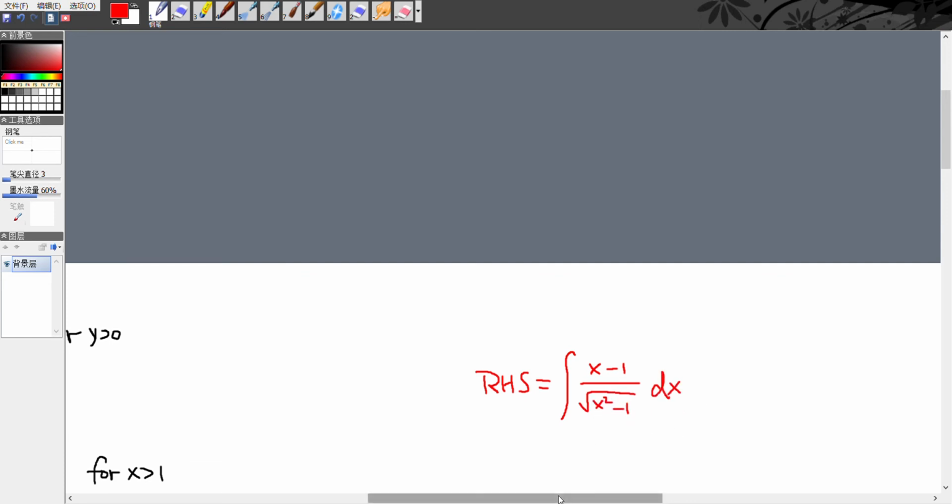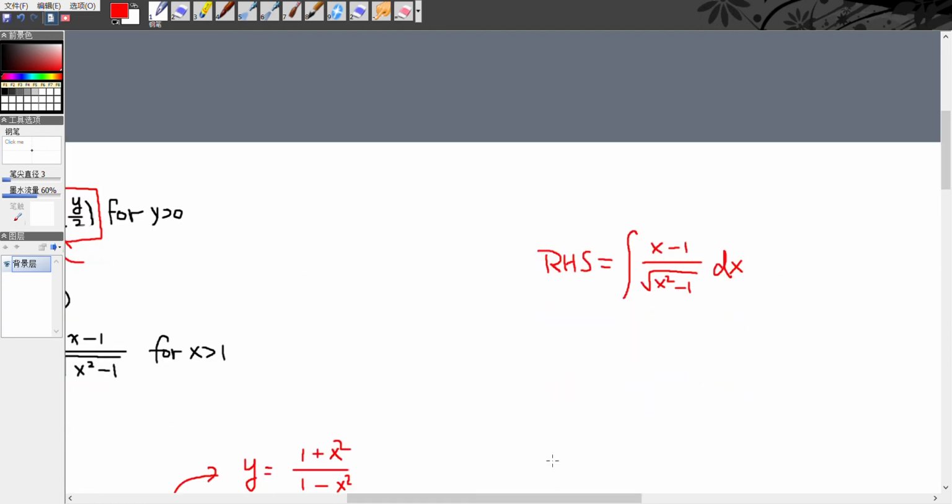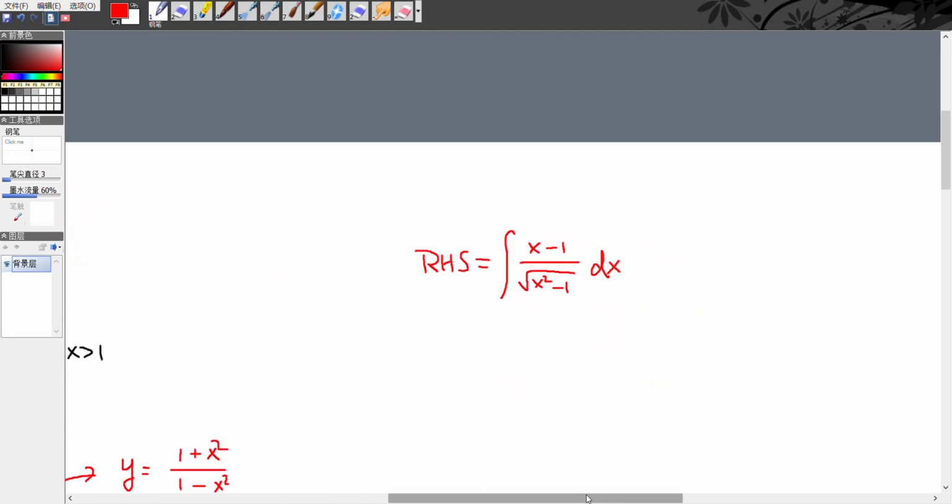For this question, we can actually solve it very easily by trigonometric substitution. But this is not the way we want to solve this question. We want the result of this integral to contain some hyperbolic terms. So basically, we just need to use hyperbolic substitution to solve this question.